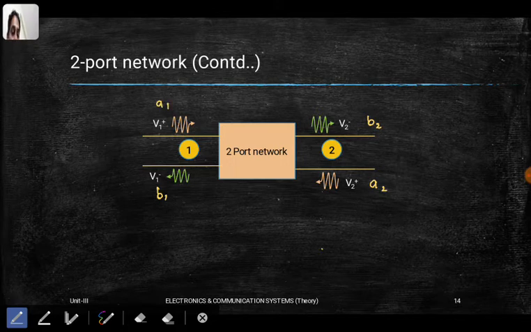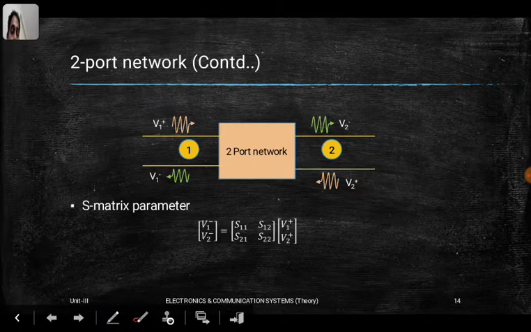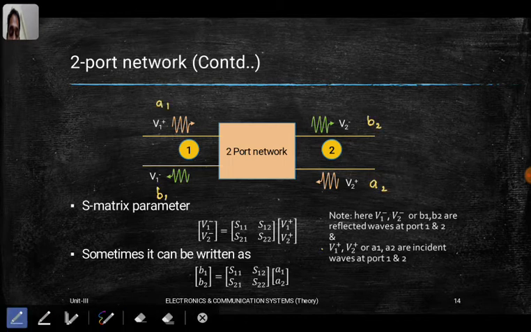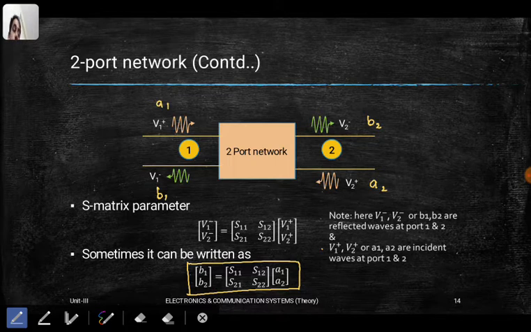So the S matrix, as we just saw, can be written like this: B1, B2 equals S11, S12, S21, S22 times A1, A2. This is another way of representing the S matrix, in terms of reflected and incident voltages, either way.